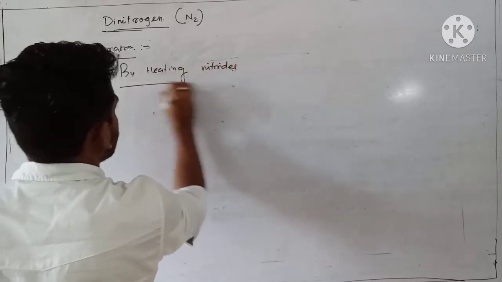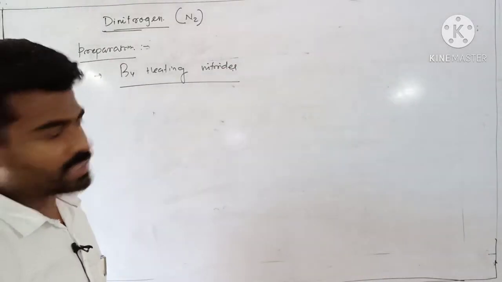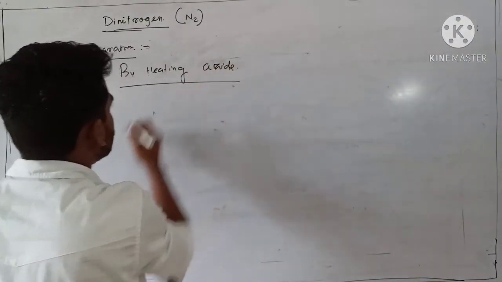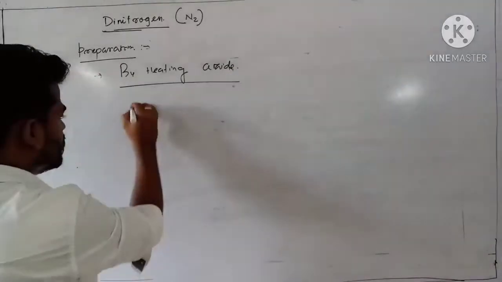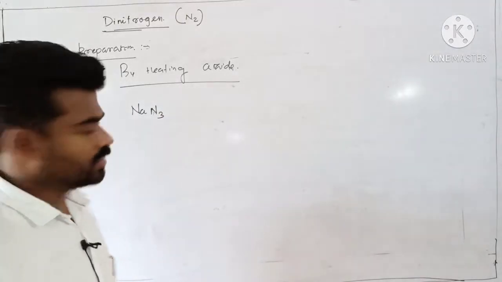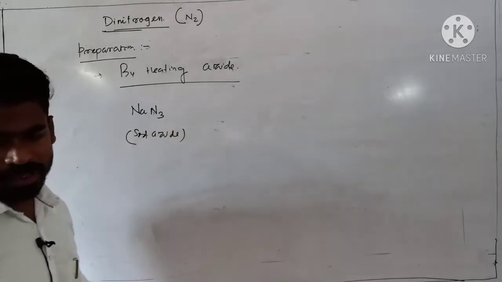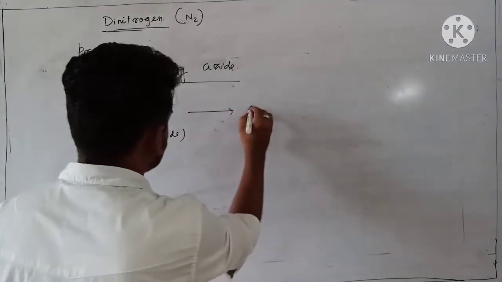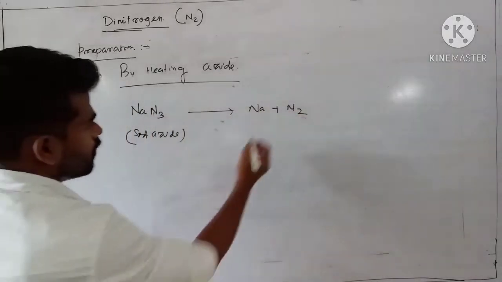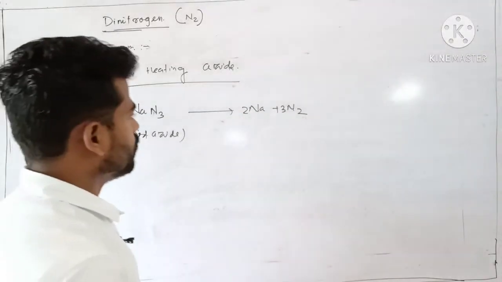Suppose I take sodium azide, whose formula is NaN3. If you heat this sodium azide, you will get sodium plus dinitrogen. You can multiply by 2 and 3 to balance. So this is one type of preparation.